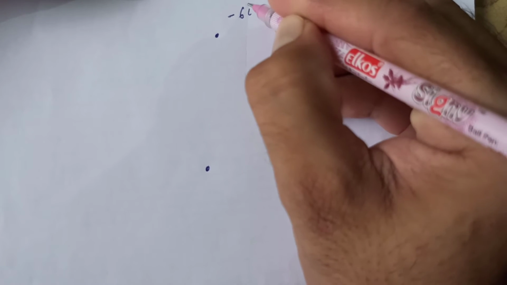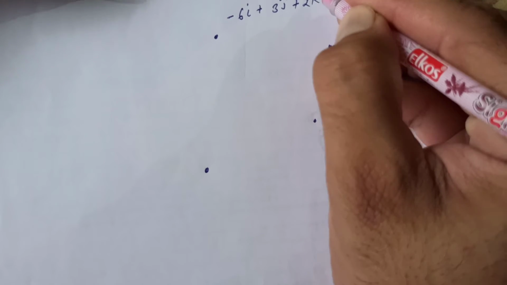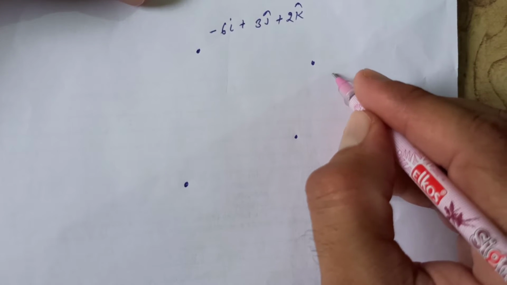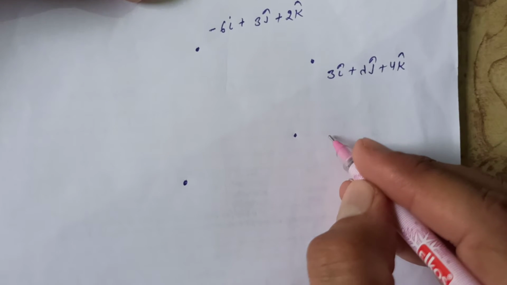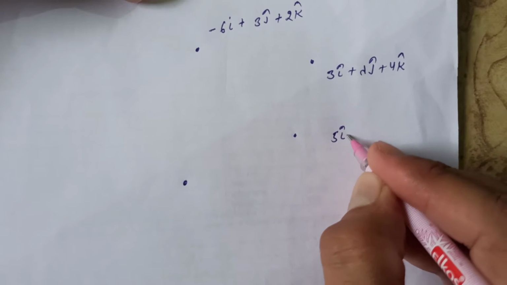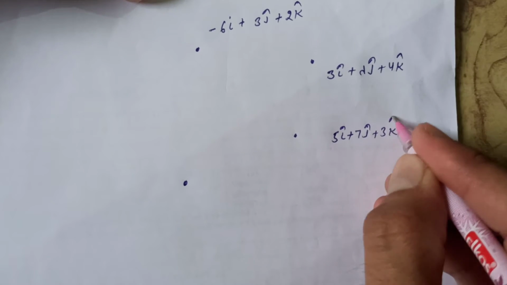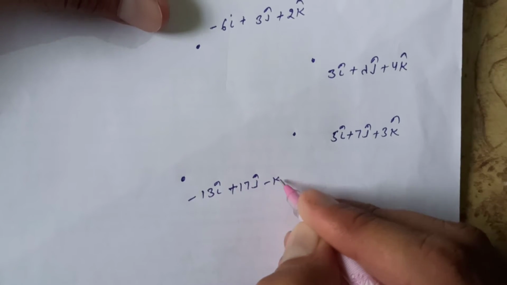19th sum, find value of lambda such that these 4 points with position vectors. हमें 4 points given हैं with position vectors, say 1, 2, 3 and 4 with position vectors: minus 6i cap plus 3j cap plus 2k cap; 3i cap plus lambda j cap plus 4k cap; 5i cap plus 7j cap plus 3k cap; minus 13i cap plus 17j cap minus k cap.